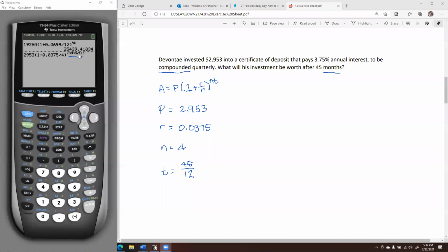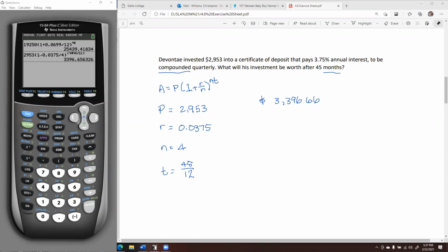All right, so this is what it looks like when I entered it. So let's hit the enter button and see what we get. All right, so we get $3,396, and once we account for rounding, 66 cents.